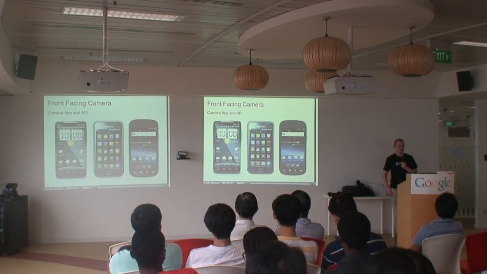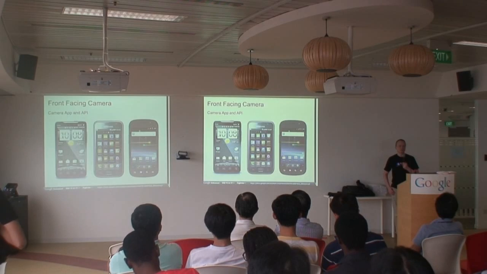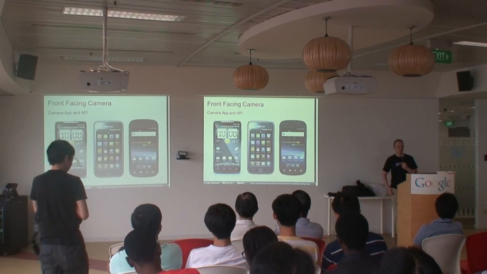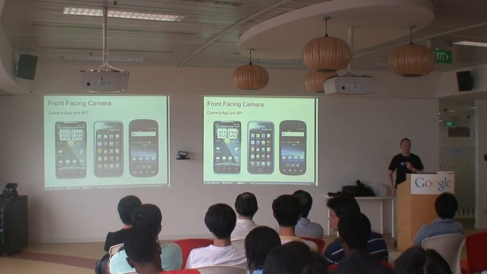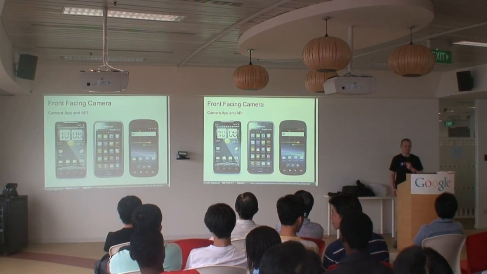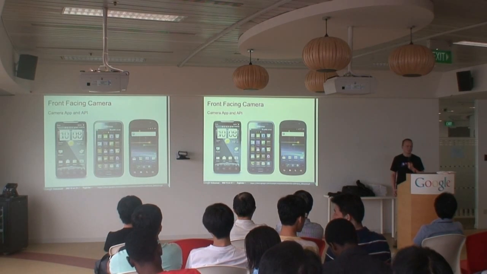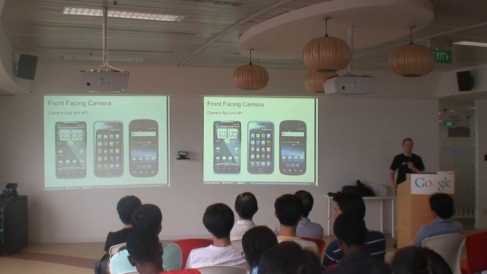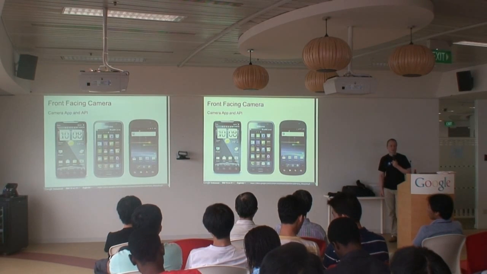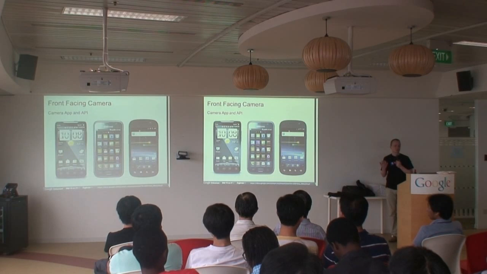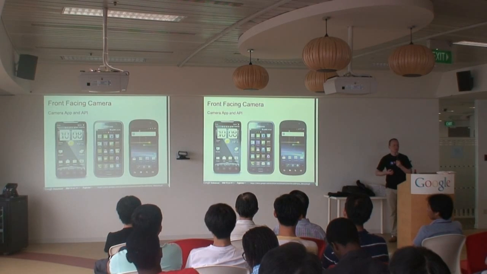Android 2.3 also includes front-facing camera, or support for actually several cameras, but the most common is front-facing to complement the back-facing camera. This is something we've seen earlier in other phones, but then it's something that the phone manufacturers added themselves.